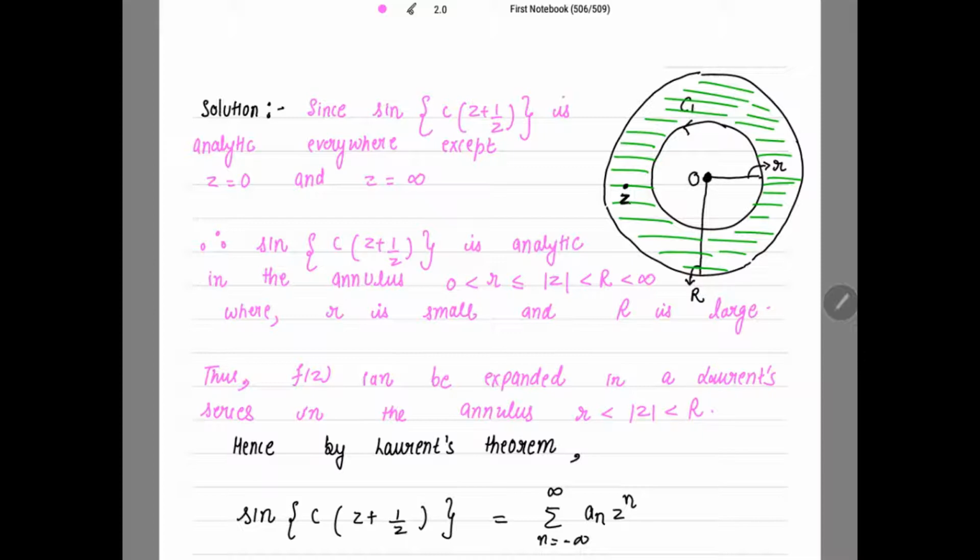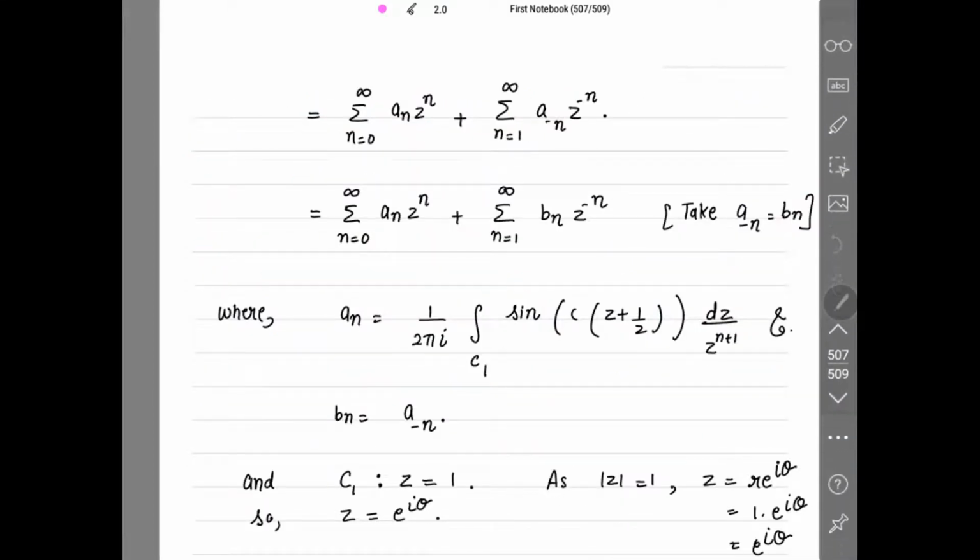And the function is given to us as sine of c into z plus 1 over z, right? This is further equal to, my summation is from n equal to minus infinity to infinity. If I open that summation, and also if I open these two summations and get their sum, the result will be the same. Here the summation is starting from 0 to infinity an z to the power n plus summation starting from 1 to infinity a minus n z to the power minus n.